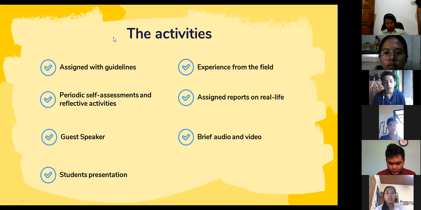And then the 6th is a science report on real life. It means when you do online activities, you can ask your students to report on their real life. It can be a survey or interviews in online learning activities.